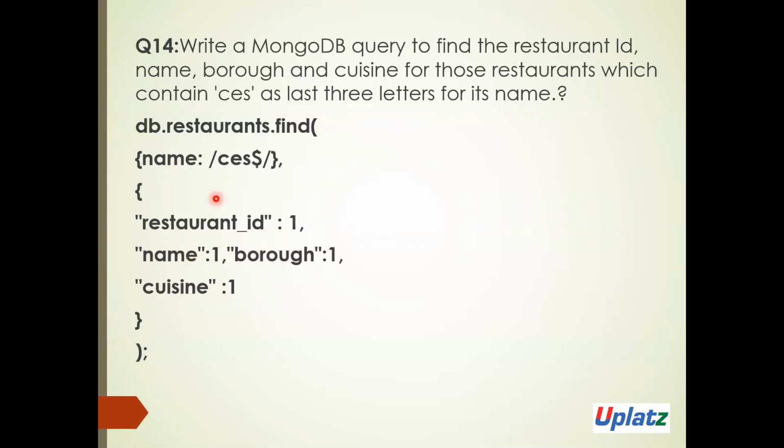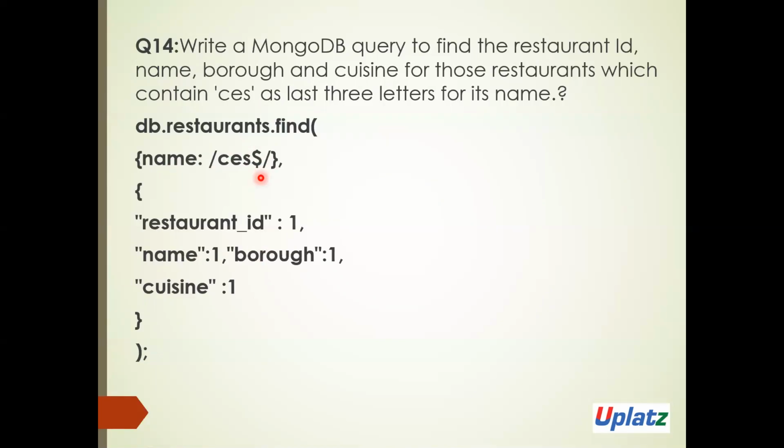So for the name I have mentioned my regular expression: to match the start we use the caret, and to match the ending we use the dollar. You already know this.